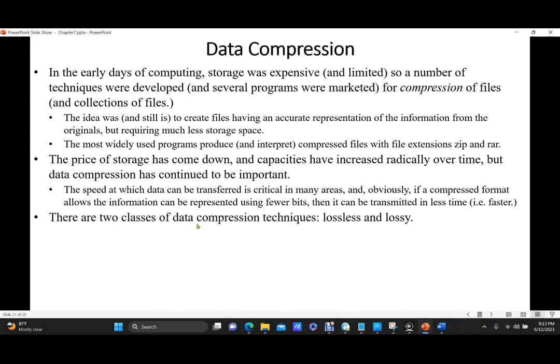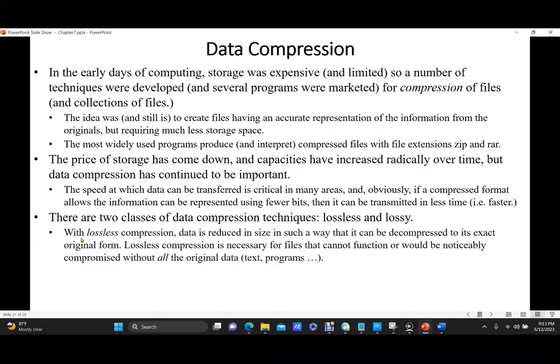There are two general classes of data compression techniques: lossless compression and lossy compression. With lossless compression, the data is reduced in size, but the technique produces a file that can be decompressed to exactly the original form. Lossless compression does not lose any information in the process of compressing and decompressing.